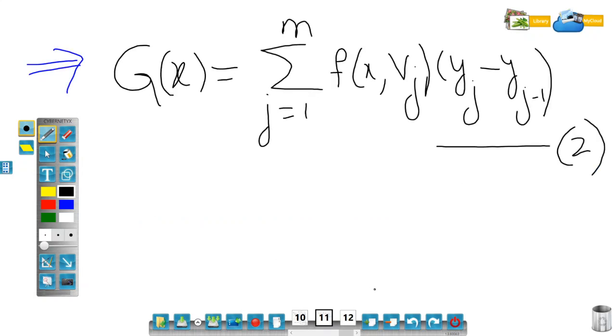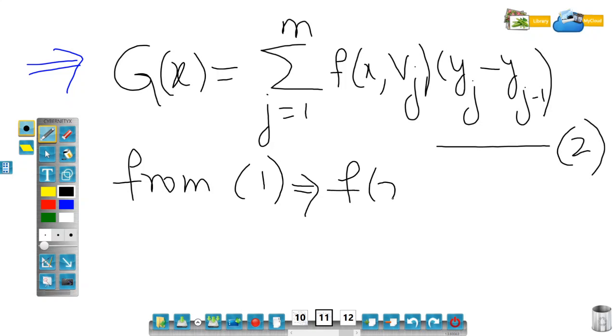So from 1, I can say that f of x comma y is R integrable since it is continuous.